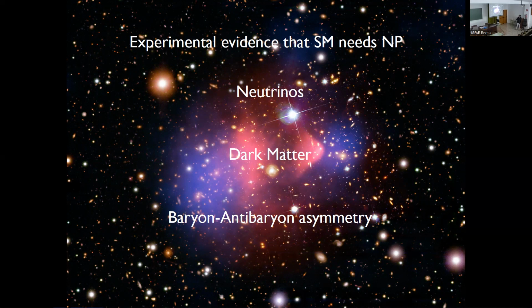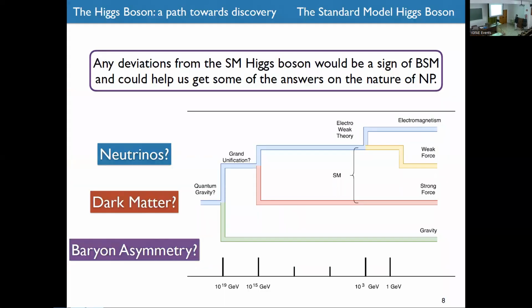So how is this connected with the Higgs boson? Well, the idea is that if you study the Higgs boson and find some deviation from the prediction of the standard model for this particle, this would be a sign of some BSM physics.